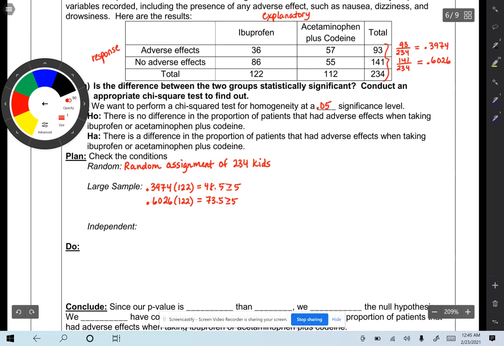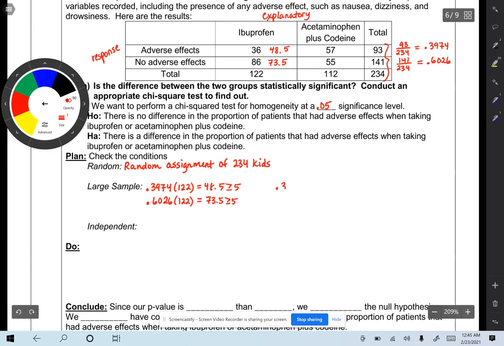If you want to, you can put them right next to the observed, like I said, some students just like to list the expected right next to it. Okay, and then we're going to do the same thing for acetaminophen plus codeine.